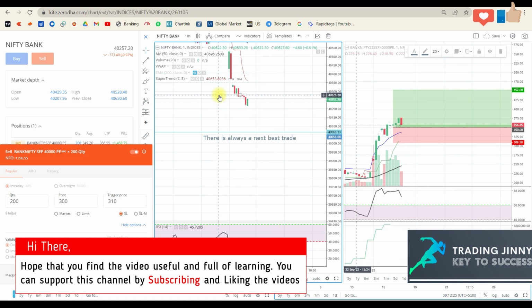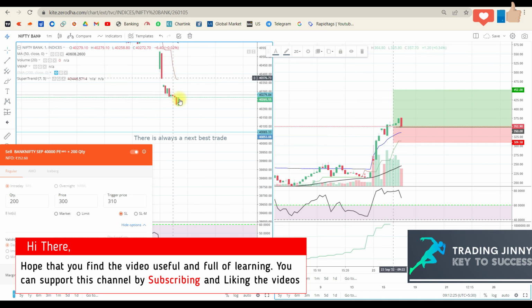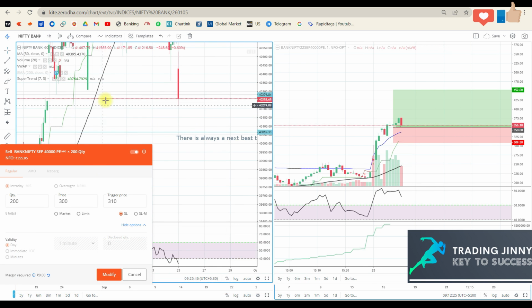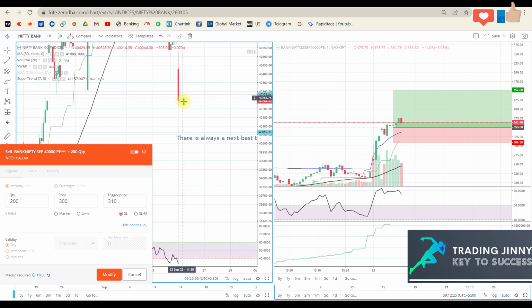So here there was a support which it broke down. We see this on a time frame of an hour. There was support, the previous day high, and before this was a high, and it was acting as a support. Then suddenly the support broke down.